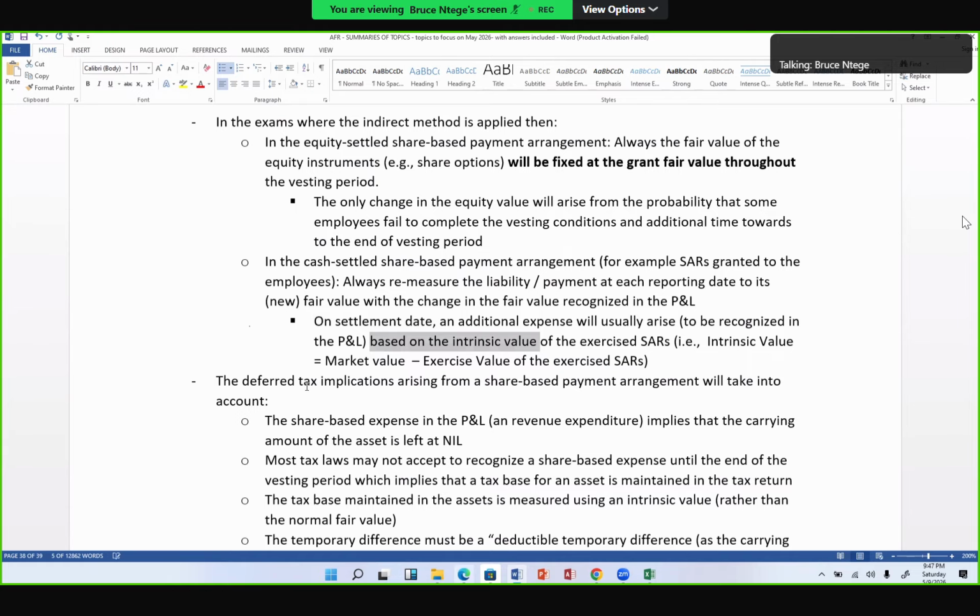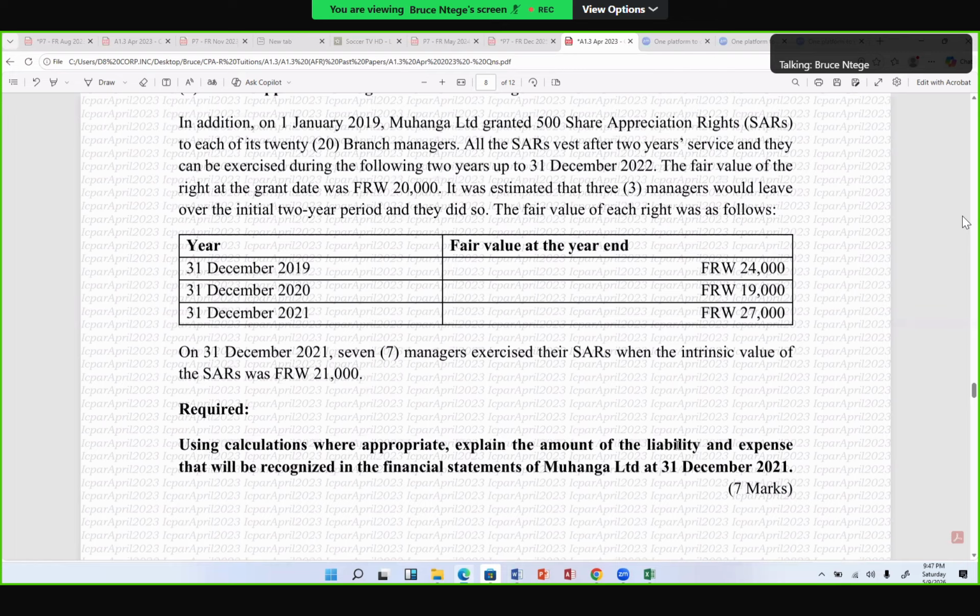The question is: use calculations where appropriate to support your explanation for the amount of the liability, which is the payable, and the expense that will be recognized in the financial statements at December 2021. Okay, so let's go there.